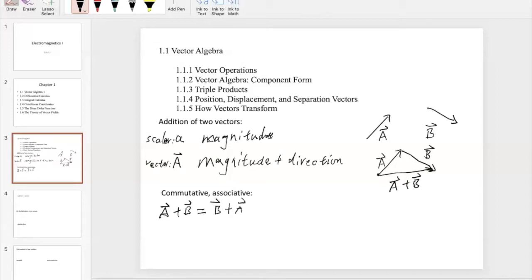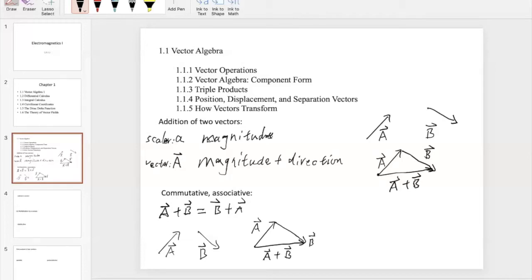Let's still take this A and B as example. So if this is A, this is B. So A plus B will be something like that. We first draw A, and at the end of A, we draw the tail of B. That's B. And then this is A plus B.